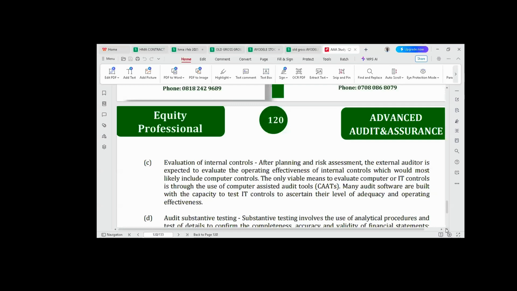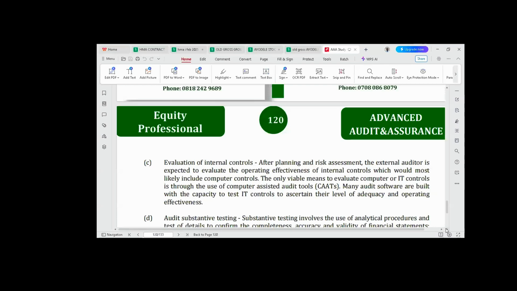And as a matter of fact, most audit software have been built with the capacity to use CAATs to test IT control in a client environment, whether it is adequate or not. Remember, we talked about audit software and test data in our previous class.